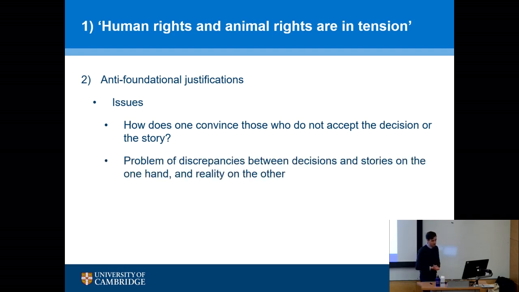Another problem is the discrepancy that this decision, these stories, can then evince when we compare them to the actual situation, the actual reality, right? So an animal rights thinker might say to Anne Phillips, look, this is all well and good for human beings, but you're creating a situation where chimpanzees, for instance, who have very many features that we also find in humans, they're sentient, they're social creatures, according to this YouTube clip at least, they have culture.